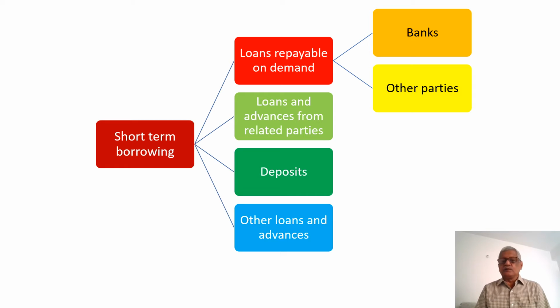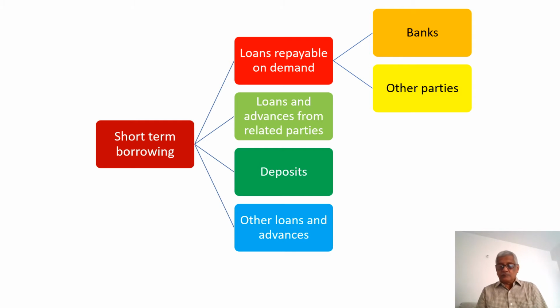First, let us understand loans repayable on demand. The working capital finance availed from a bank is an example of loans repayable on demand. The bank has the right to demand repayment anytime, and it is supported by a document called a demand promissory note.